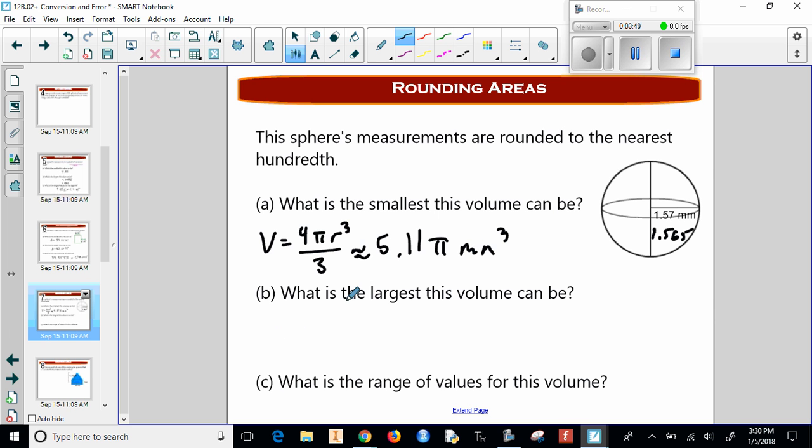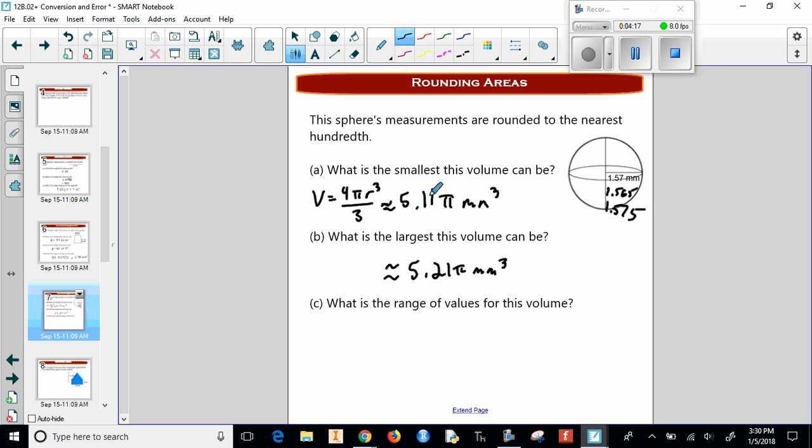Now, if I do the same thing, but I use my bigger number, which would be 1.575, I'll just do 4 times 1.575 cubed divided by 3, and this would be about 5.209, so 21 pi millimeters cubed.